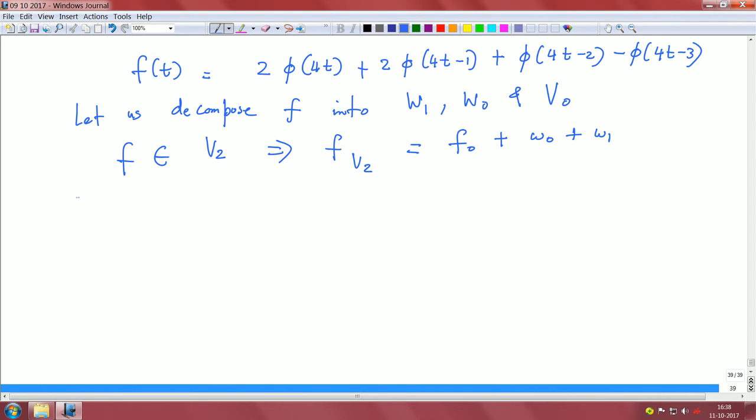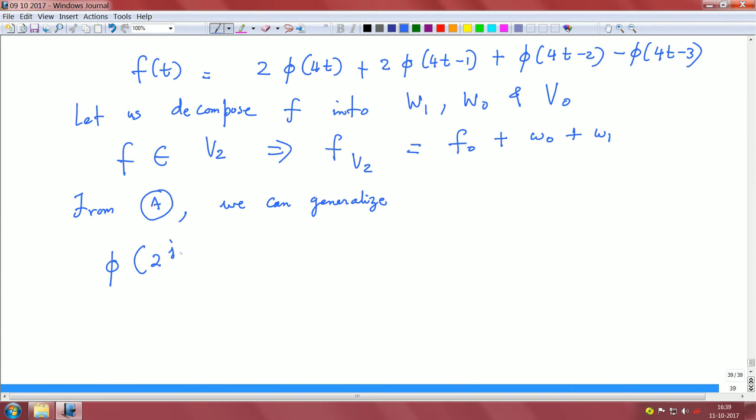Now, from our equations in A, we can generalize it for an arbitrary scale.